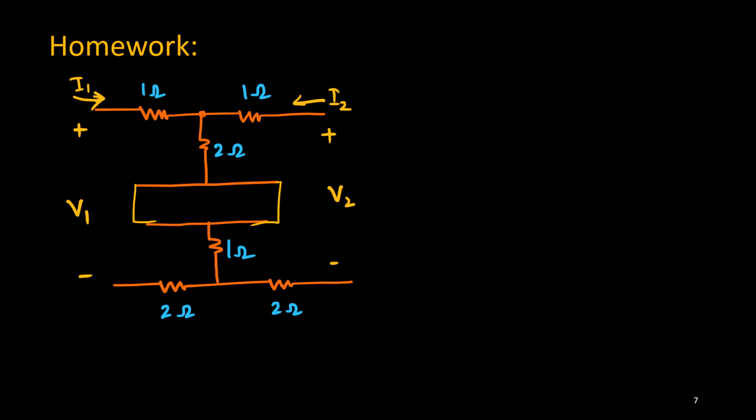Then can you find the equivalent Z? I hope you'll be able to do that one. So find the equivalent Z and post your answer in the comment section, and I'll reply to your answer.